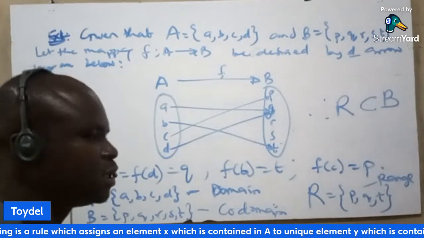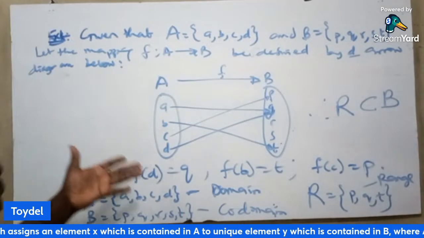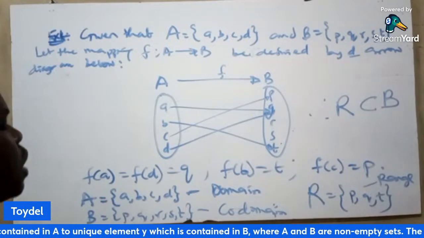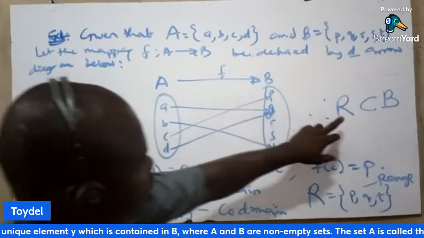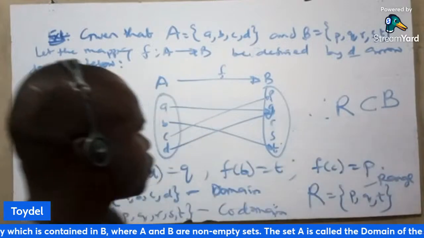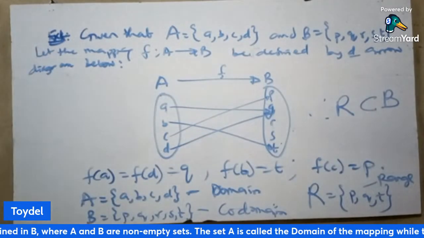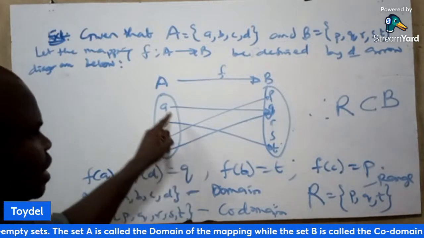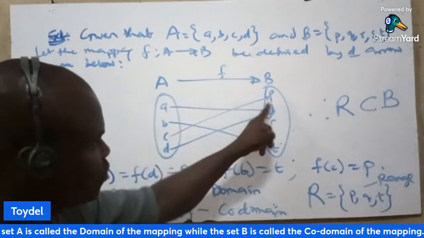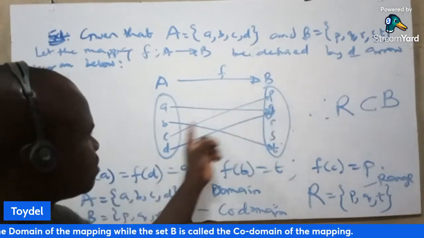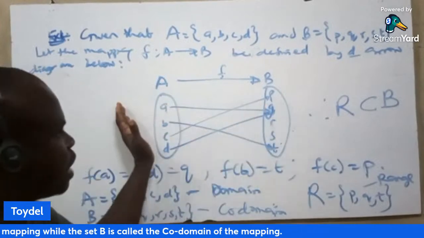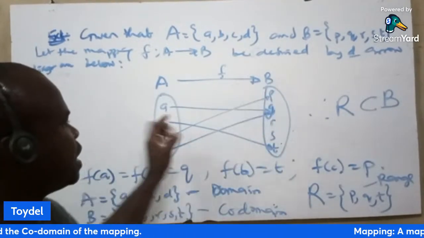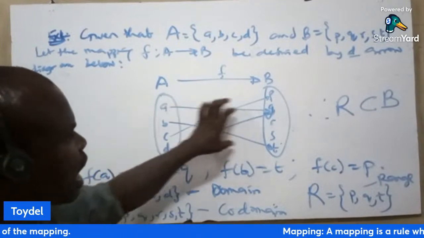Though we have different types of mapping, onto mapping, surjective mapping, bijective mapping, under onto mapping the range is always equal to the codomain. But if you have one-to-one or constant mapping or what have you, then we realize that the range consists of the elements that something is being assigned to. Like in this example, P, Q, T are the only elements in B that something is being assigned to.